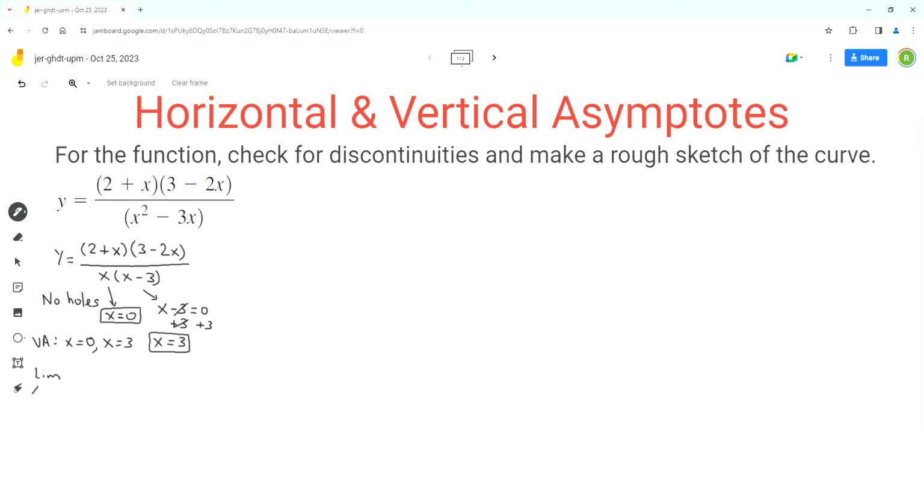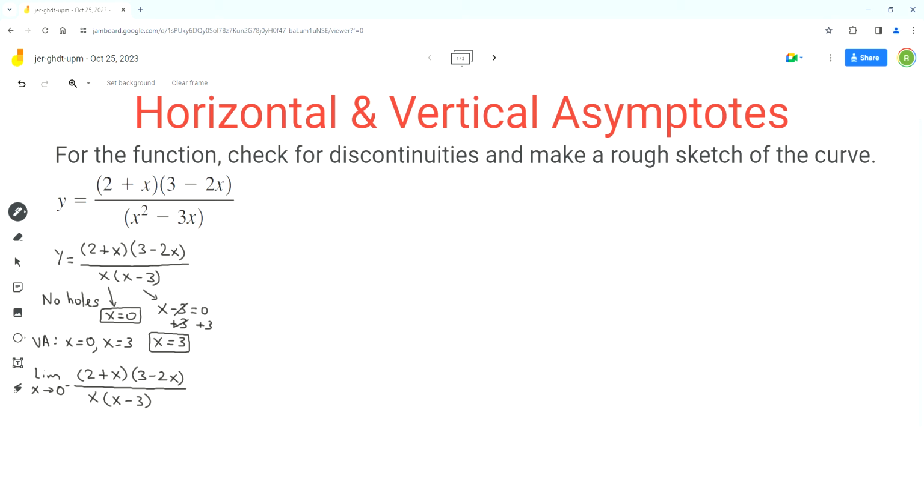Limit x approaches 0 from the left side, (2 plus x)(3 minus 2x) over x(x minus 3).